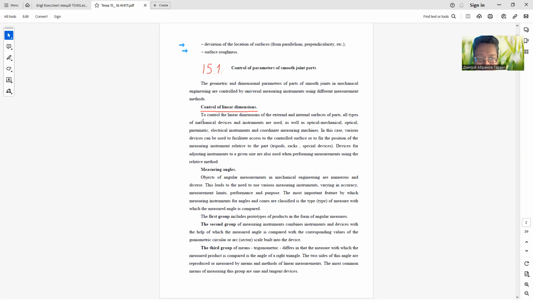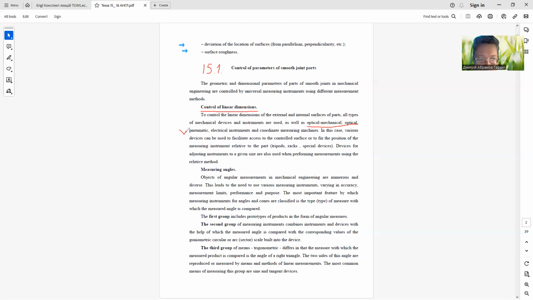To control the linear dimensions of the external and internal surfaces of parts, all types of mechanical devices and instruments are used, as well as optical, pneumatic, electric instruments, and coordinate measuring machines.